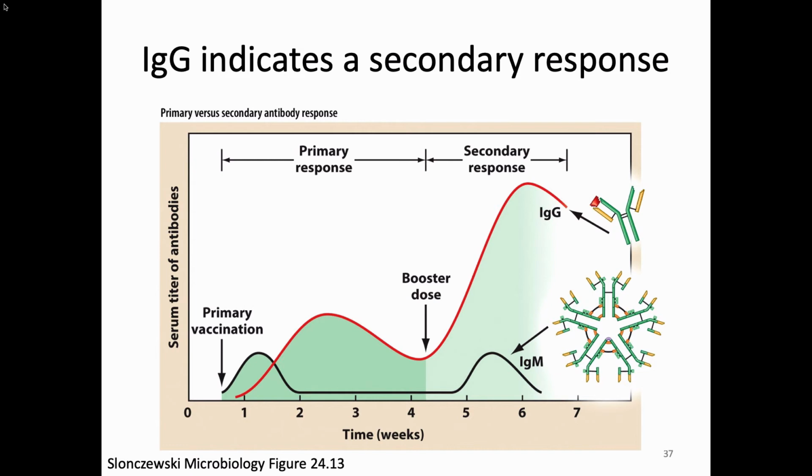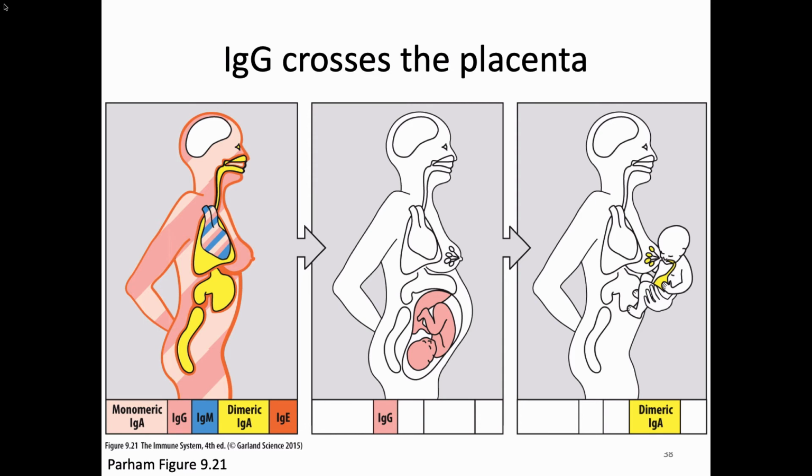IgG is also unique because it crosses the placenta, and it is the only isotype that crosses the placenta. And so in our unborn fetus, that fetus only has IgG coming from its mom. It will acquire some IgA if mom breastfeeds, but IgG is the only one that's going across the placenta.